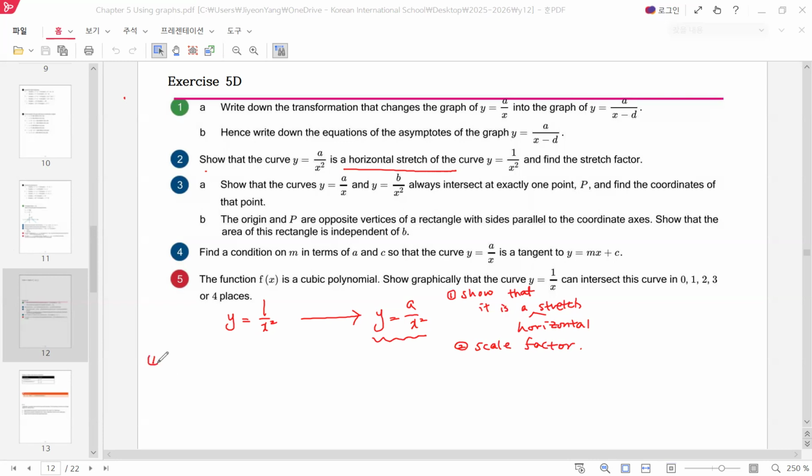Let's do the first one. So define y equals 1 over x squared as f(x). If it is horizontally stretched, and to make y equals a over x squared, it can be written as horizontally stretched with the scale factor k.